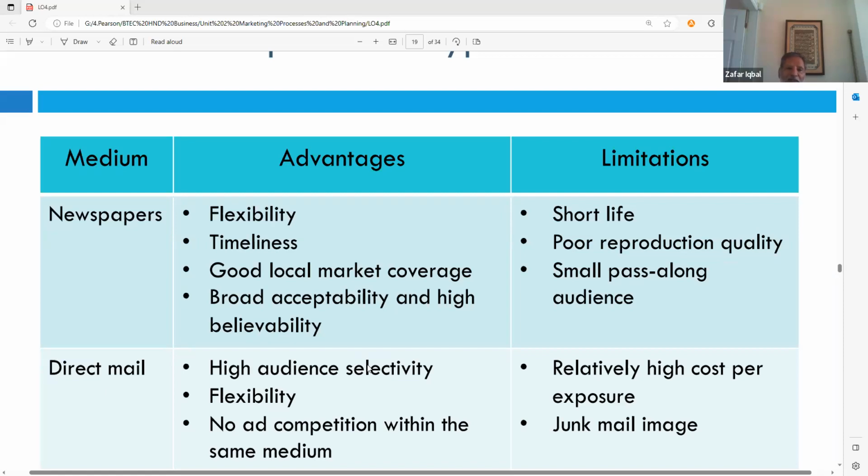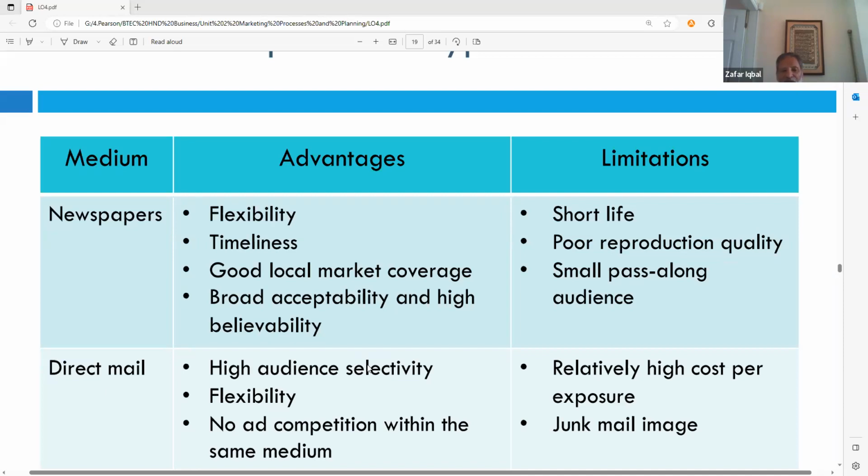So there are advantages and disadvantages of using newspapers. You need to select what type of people you're going to catch, what type of market you're going to cover, what type of brand, and the timeliness and flexibility of the campaign, the budget you have, because national newspapers are expensive and local newspapers are cheaper.